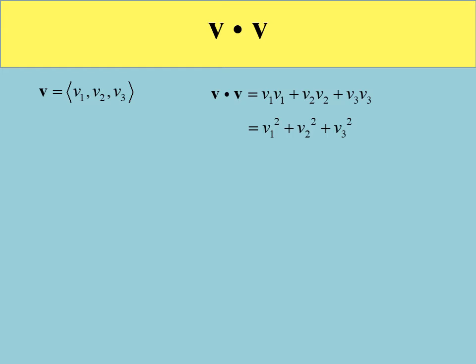Well, this is an awful lot like the magnitude of a vector. In fact, you'll notice the magnitude of v is the square root of that sum. And the square root squared would give you v1 squared plus v2 squared plus v3 squared. And so the dot product of a vector with itself is the same as the square of the magnitude of the vector itself.